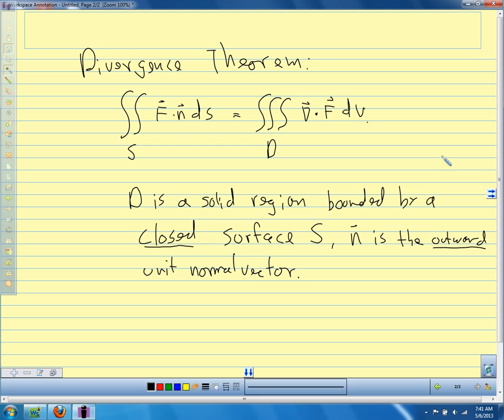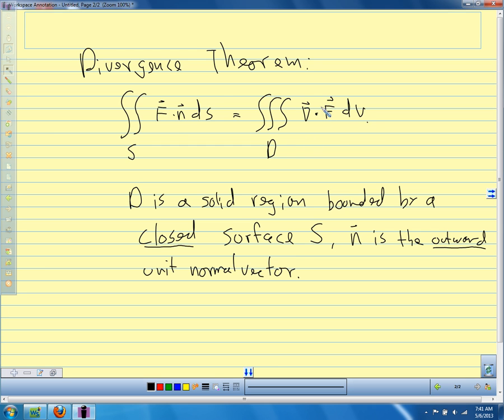The way we'll usually use the divergence theorem is this: if you've done much of the work from the surface integral section, when we talked about flux integrals, there's a lot of work to doing those. We have to find our unit normal vector, take our dot product, and do the double integral over our surface.